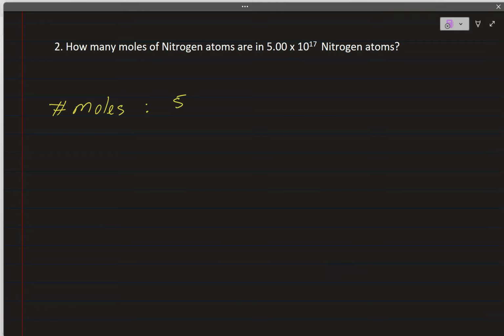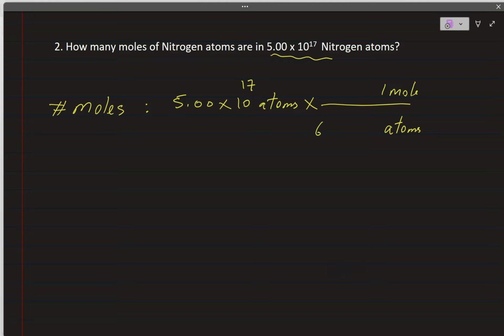So here it is, 5.00 times 10 to the power of 17. That is number of atoms. Okay, that's what it says. Times, now here it is, number of atoms on the bottom, and the 1 mole is on top. 1 mole is Avogadro's number, 6.02 times 10 to the power of 23.